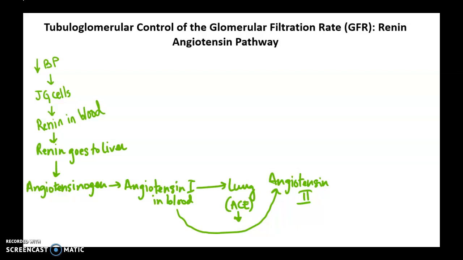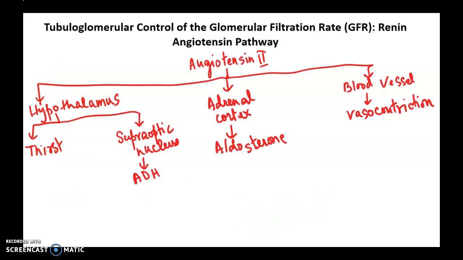And once we have angiotensin 2, it triggers a lot of things to regulate blood pressure. So once angiotensin 2 is formed by the action of ACE on angiotensin 1, it'll go and target different tissues of the body. Let's talk about it. First, the angiotensin 2 will go to the hypothalamus, and then it'll stimulate the thirst response.